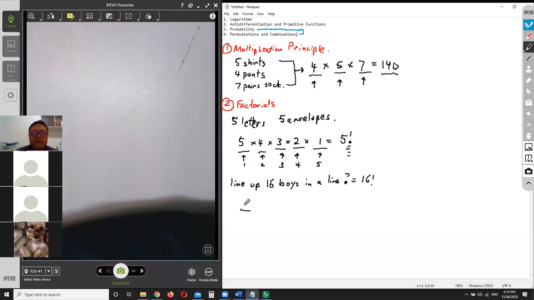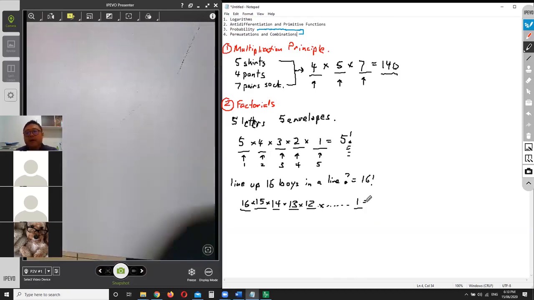Because you have 16 possible choices in the first position, right? Once you've chosen that person to go in the first position, then you've got 15 left over that can go into the next position, 14, 13, 12, and we use the multiplication principle to work out how many arrangements there are. So the number at the end is 16 factorial, right?